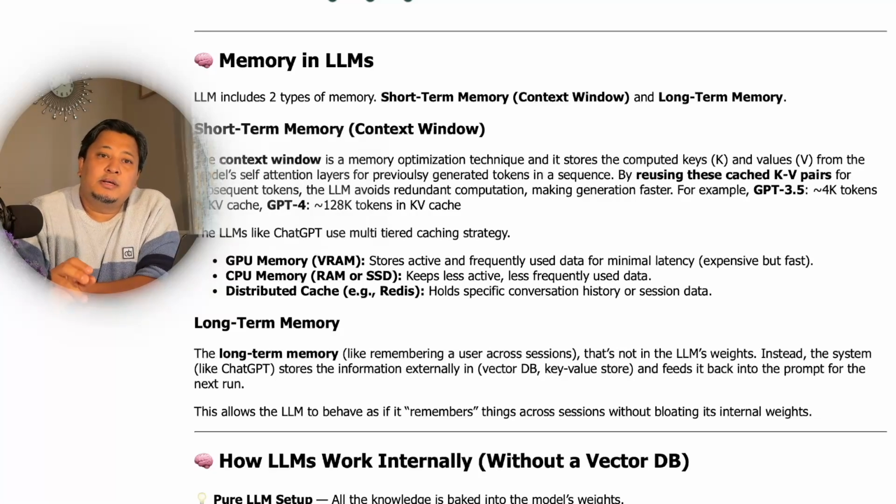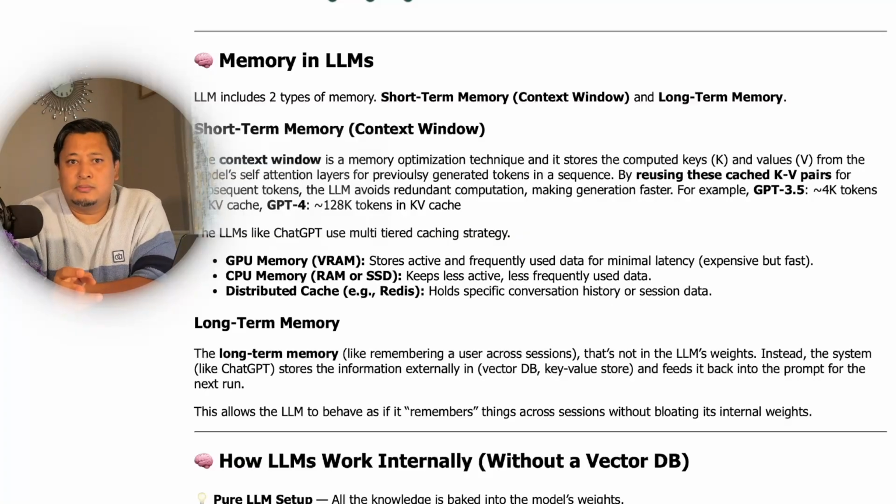For example, in GPT 3.5, it is able to store approximately 4,000 key value pairs in short-term memory, and in GPT-4, it is able to store approximately 128,000 key value pairs in the short-term memory.